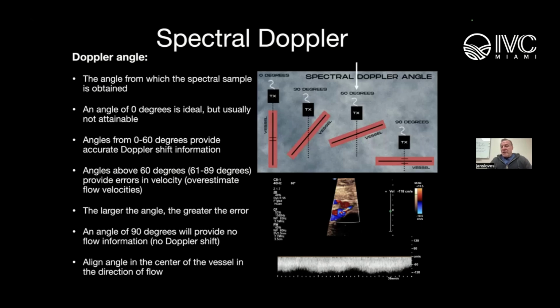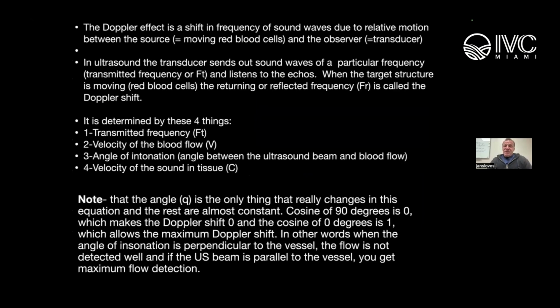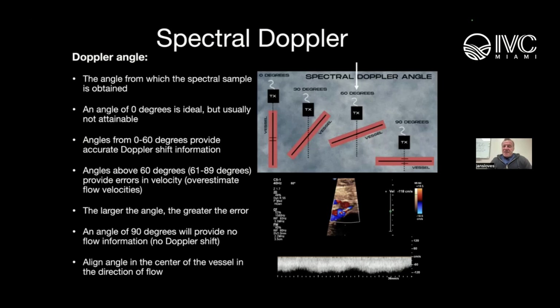So here we can see where I brought that arrow up at 60 degrees, and you can see how the vessel is steered. You can appreciate the way that we're going to insonate this vessel. Now, in this image below, you can see that I'm using a 60-degree angle, and the sample volume and the angle are in the middle of the vein.